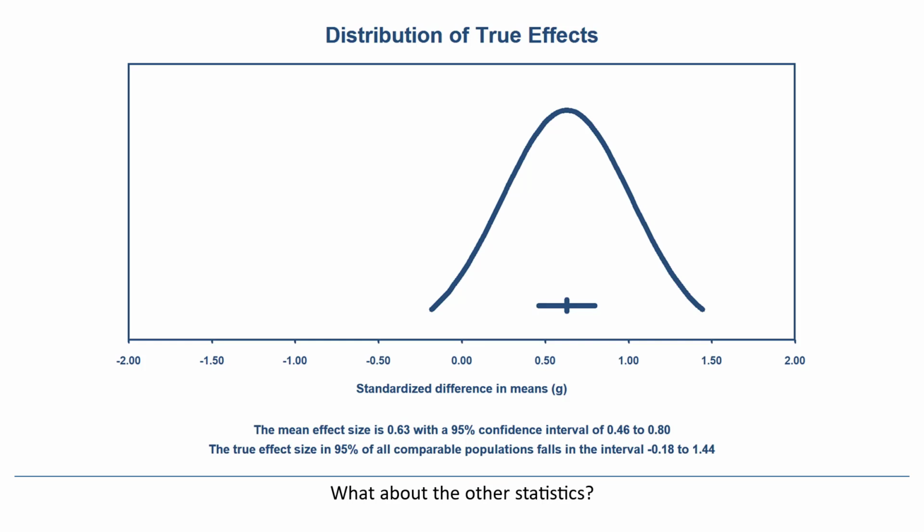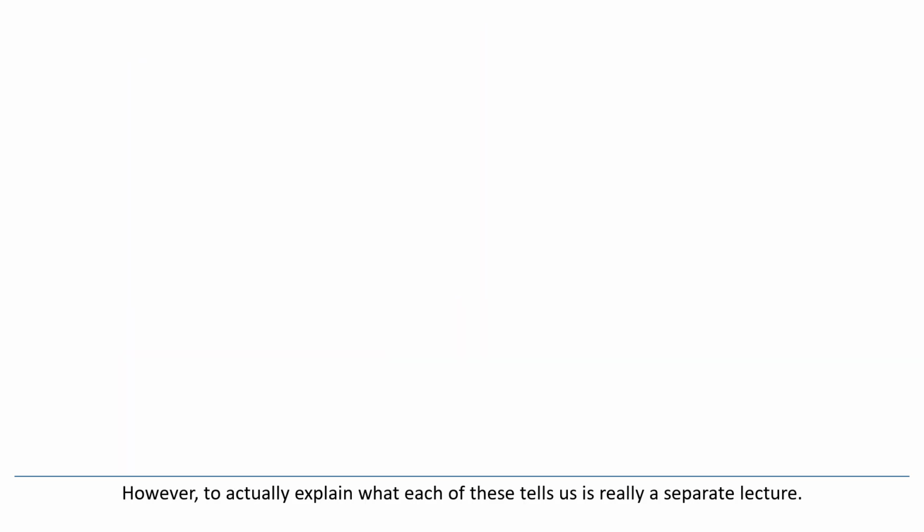What about the other statistics? What do the p-value, I-squared, and tau squared tell us? Later in this video, when I explain how to report the results of a meta-analysis, I provide a one-sentence description of each. However, to actually explain what each of these tells us is really a separate lecture.